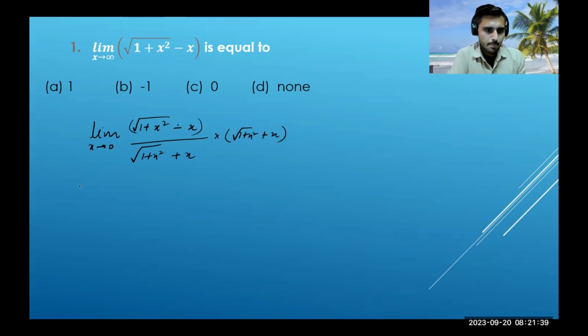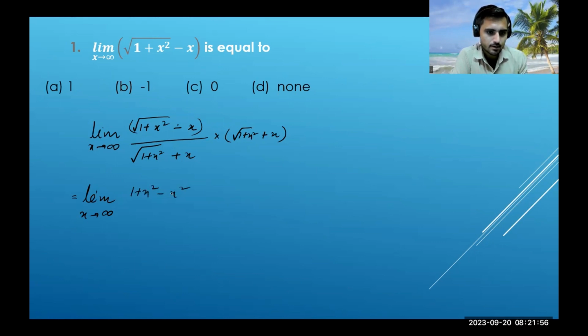So it will become limit x tends to infinity, not 0. It will become a square minus b square, just the algebraic identity. So 1 plus x square minus x square upon square root of 1 plus x square plus x.